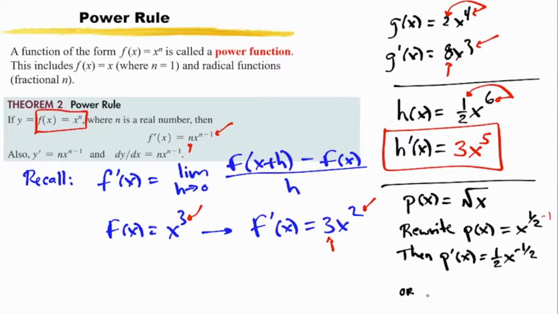So we can say p prime of x, negative means it goes in the denominator, and 1/2 means it's a square root, so it could be expressed as 1 over 2 square root of x in the denominator. They are equivalent answers.